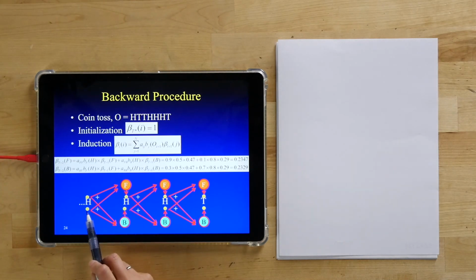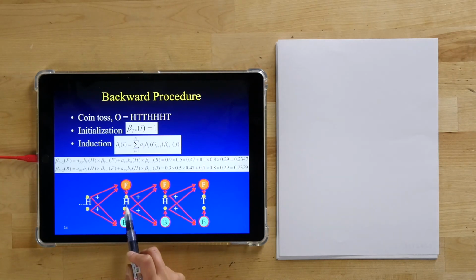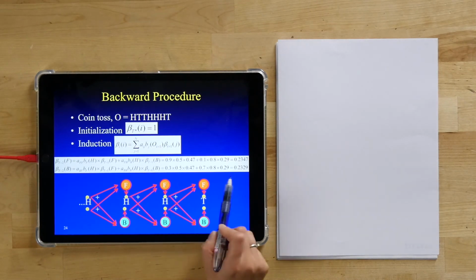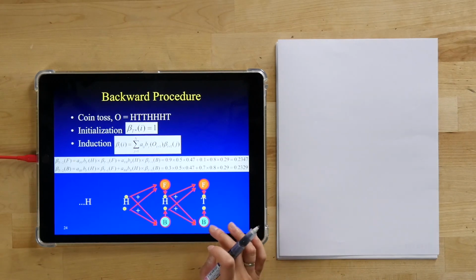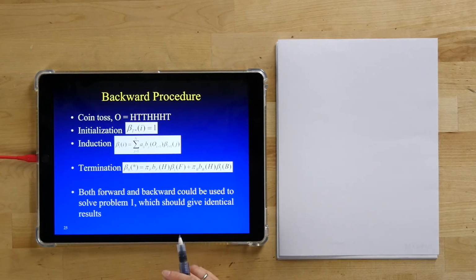Or we transition from biased to biased, then emit from the biased coin a head, and then inherit this yellow dot. Each of them is a multiplication, and then you add up the two possibilities. And you can imagine from this chain, we can keep going backward all the way, to the very end.